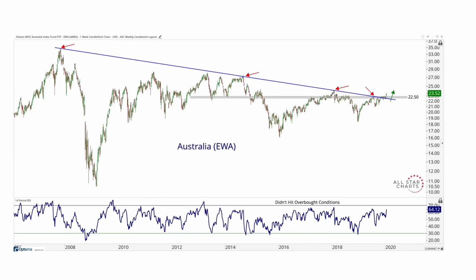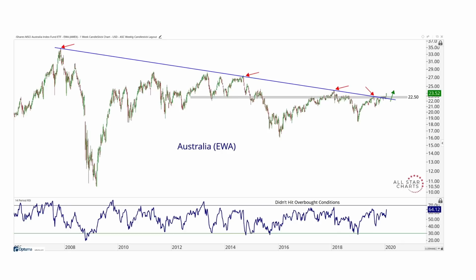Here is Australia EWA. Now we're looking more at this because of the currency. It moves up when the dollar gets weak. The dollar was strong all the way from 08 till today. This is another signal to us saying that, look, the dollar's getting weak. Australia's currency is getting stronger and we're about to break out here.